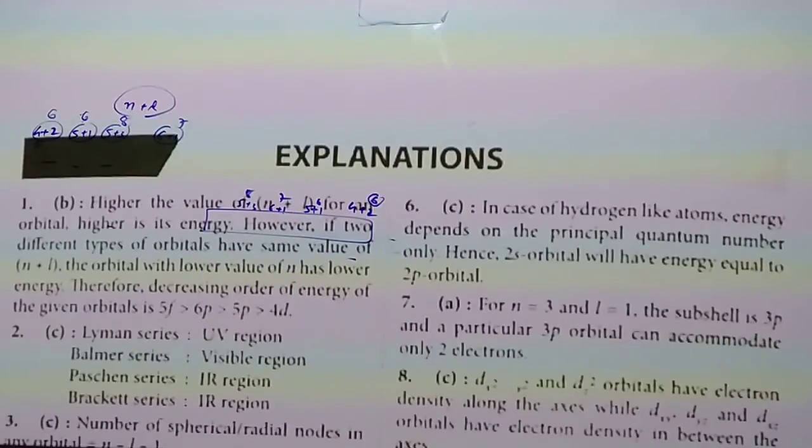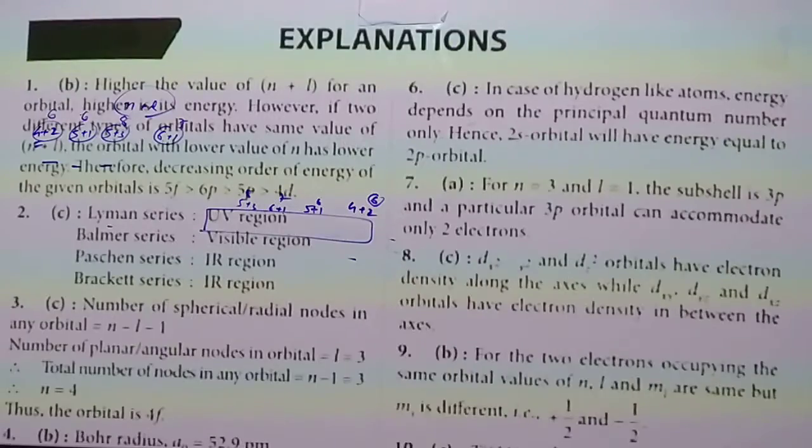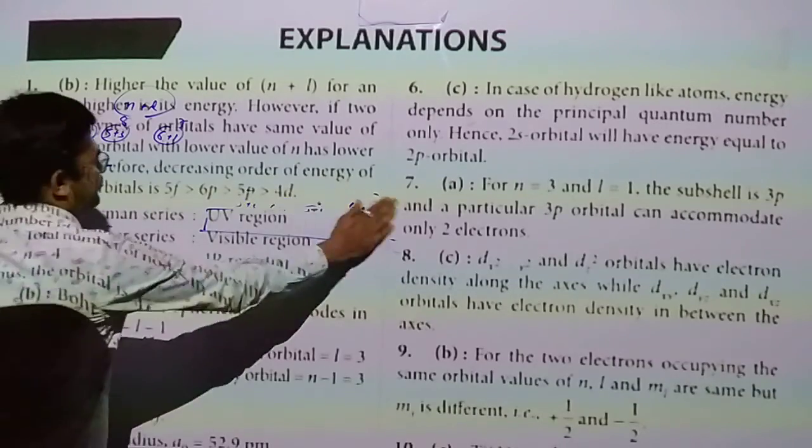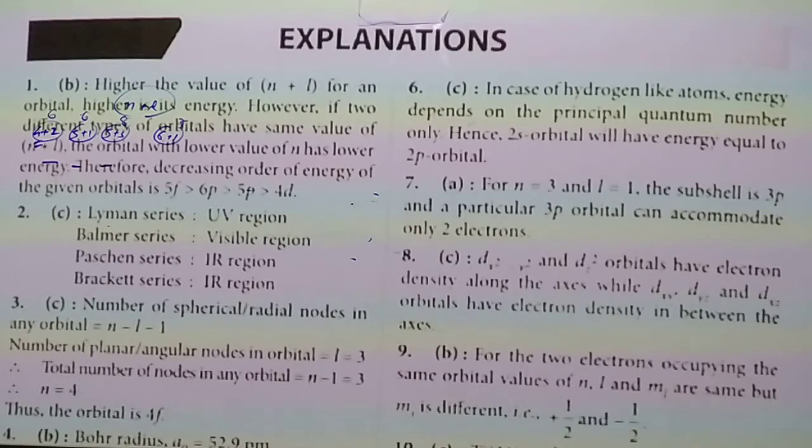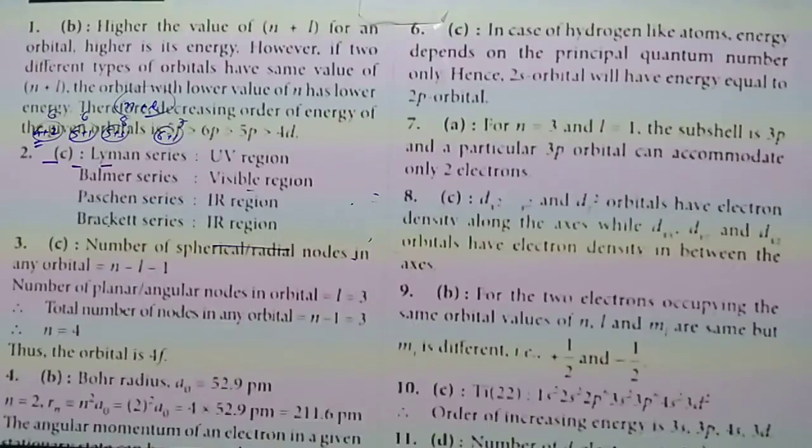In the Lyman series, the spectra lie in the ultraviolet region. Balmer series is in the visible region. Paschen series is in infrared. Brackett also in infrared. So the answer is the Balmer series.